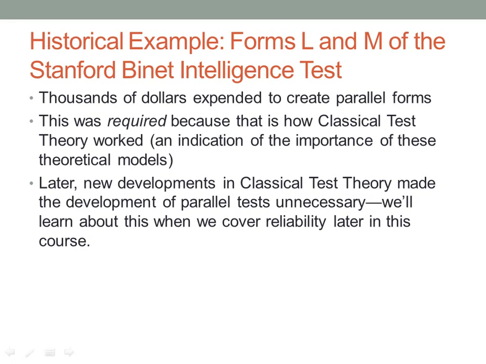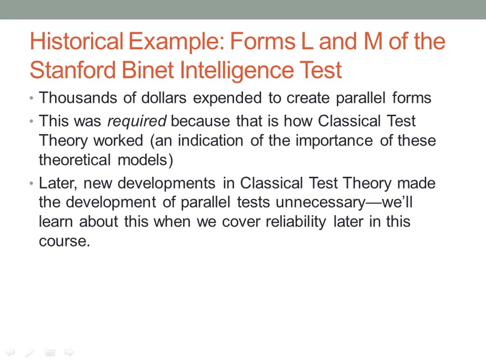There would be no practice effects or minimal practice effects because the test content was different. And you could get 2 separate estimates of their intelligence score, which would give you a more reliable, better, more likely estimate of their true score than if you used one test or the other. So it wasn't all bad to have parallel tests, and indeed, some test manufacturers still make parallel tests today.